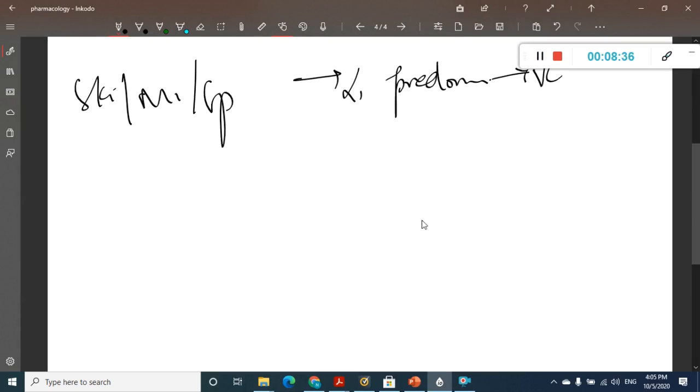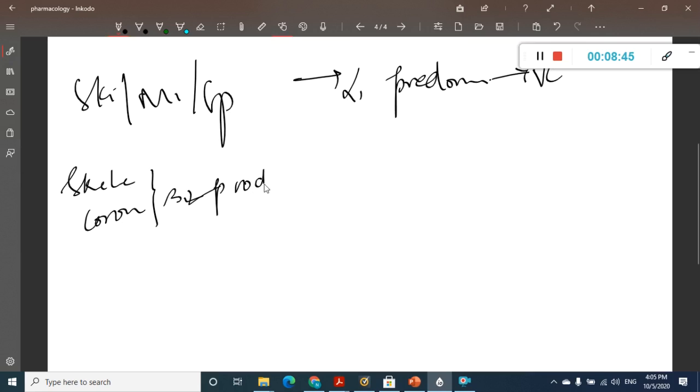Then in the skeletal muscles and in the coronaries, beta 2 is predominant. Obviously, right? Because whenever you do exercise, there should be increased blood flow to the skeletal muscles, so there should be vasodilation.